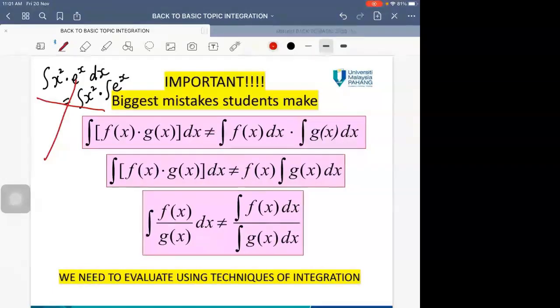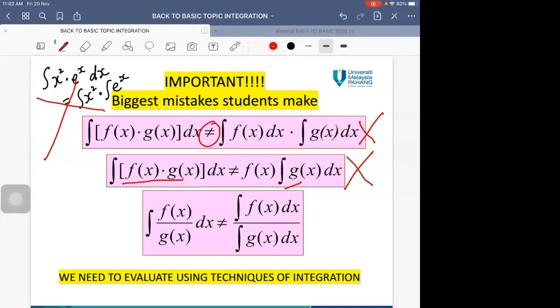If you have two functions, for example a polynomial multiplied with an exponent, you cannot simply split the two functions, integrate, and then multiply. This is wrong. Another mistake is when students factorize and bring one function outside, then just integrate g of x. This is also totally wrong, because we don't have these properties.